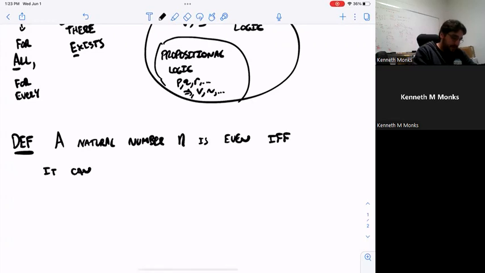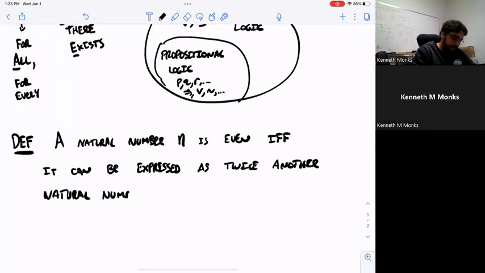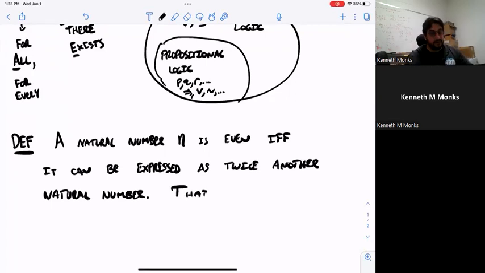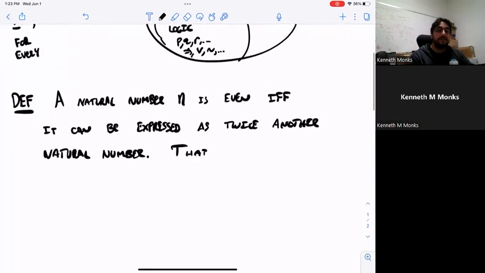it can be expressed as twice another natural number. Now, there I just wrote it out in words, but let me write out the same idea using quantifiers.